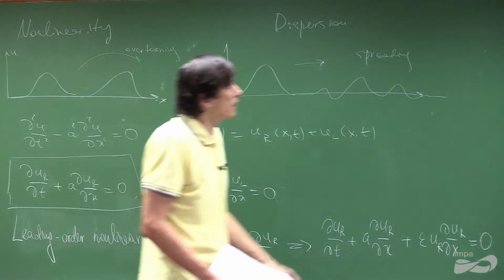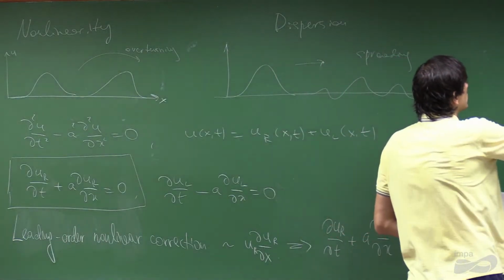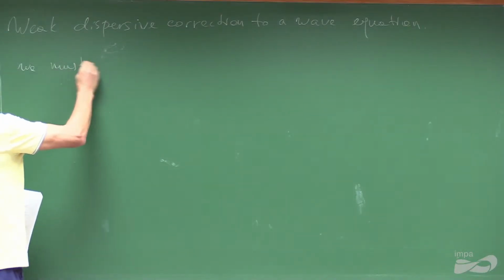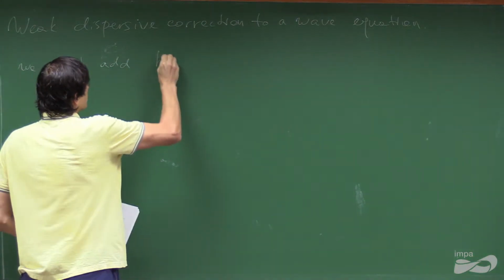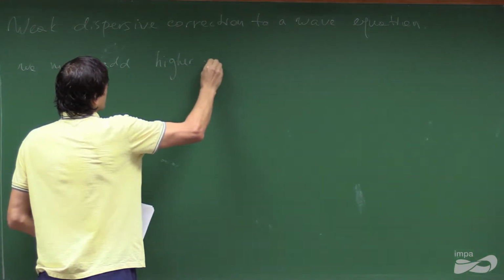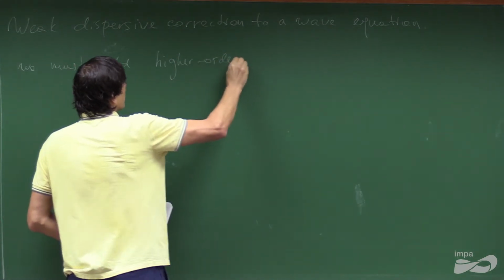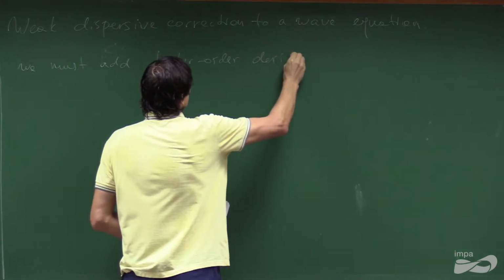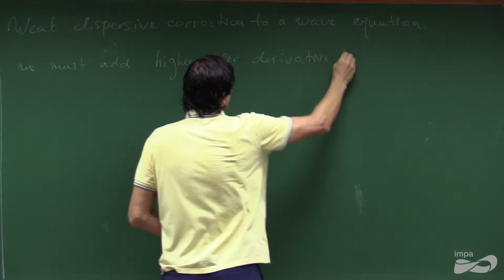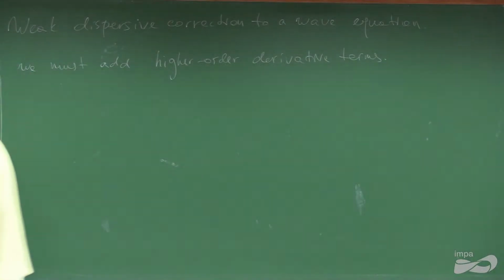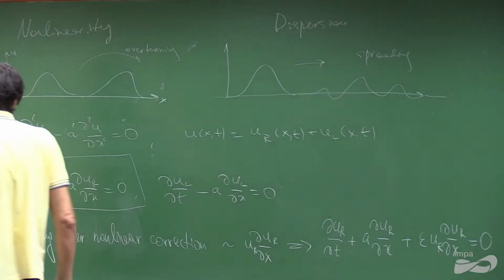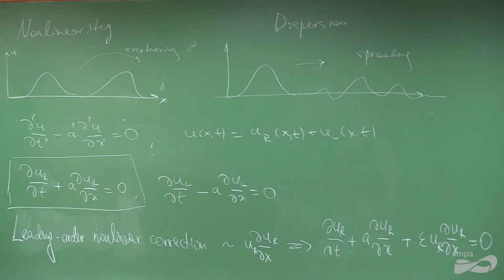So we must add higher order derivative terms. That's the whole idea of dispersion: when the wave is very long, every next higher order derivative is smaller.